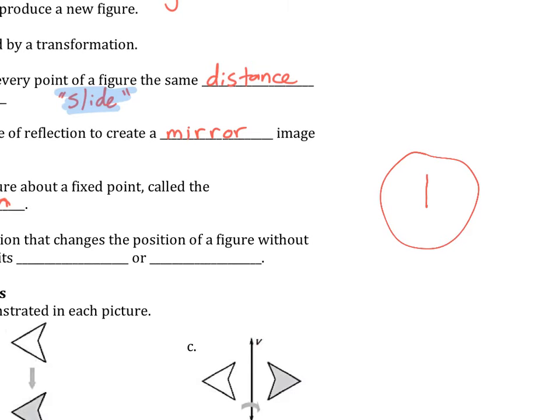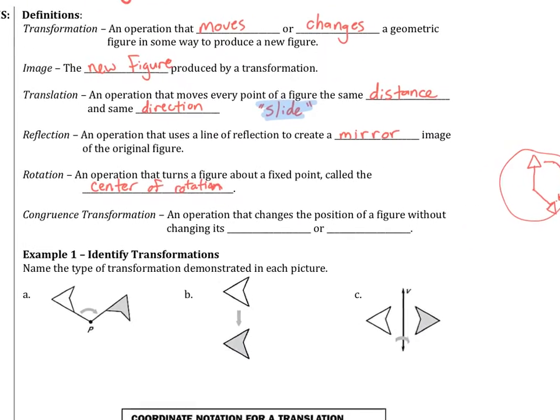Pretend there's a triangle on the end of that clock hand. As that clock moves and time goes on, that triangle is going to be the same shape and size. It's just now in a different spot. So rotating would be like spinning it around on the hand of a clock. That's what a rotation is.